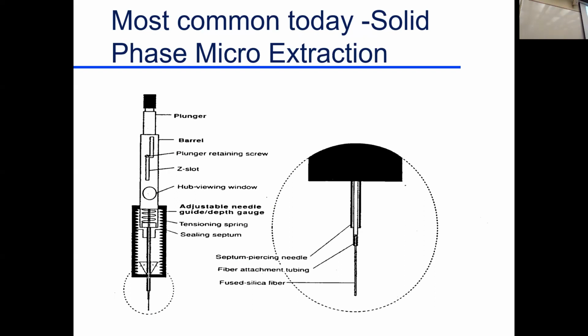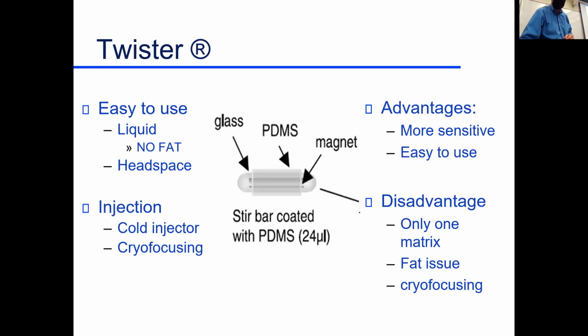We can have it retracted in the sheath, or we can put it down so it's in the headspace above a sample, the gas above a sample, or we can actually put it into the product itself, if it's a liquid solution. You could put this down into a liquid solution, provided it didn't contaminate your syringe. So it's fairly simple that way. And like I say, that's why it's used so much.